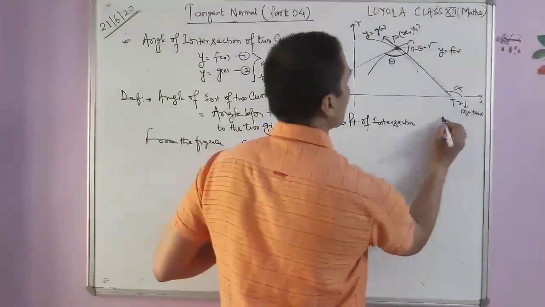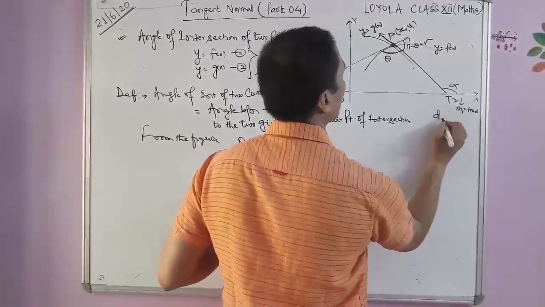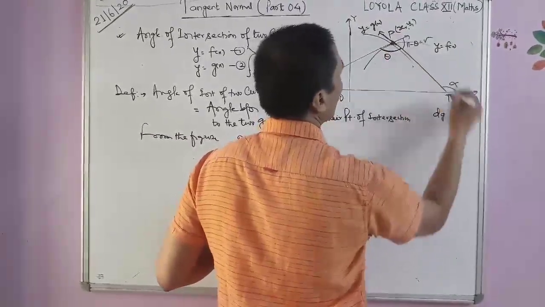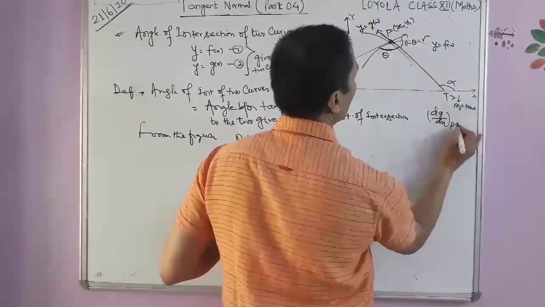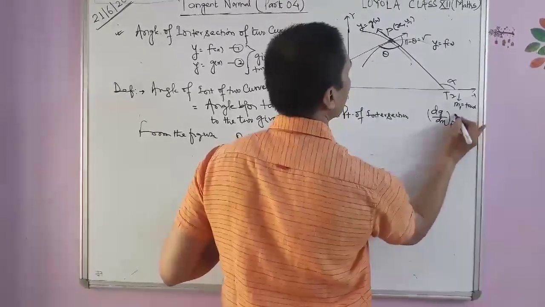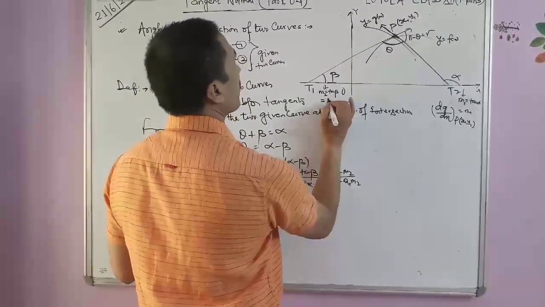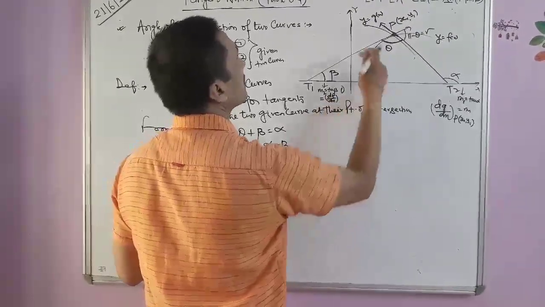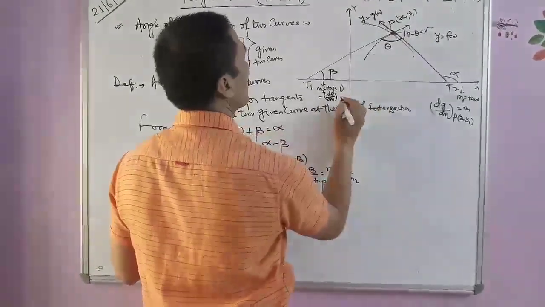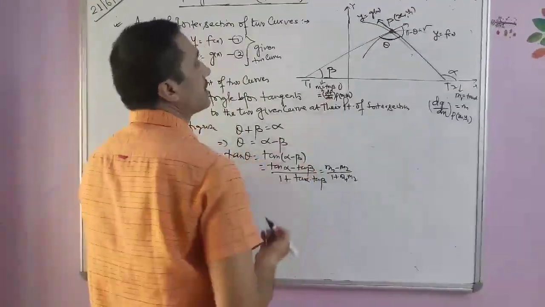Here, differentiation of the second curve, dg by dx at P(x1, y1), this is m1, and m2 equals df by dx, dy by dx for this curve at P(x1, y1), this is m2.